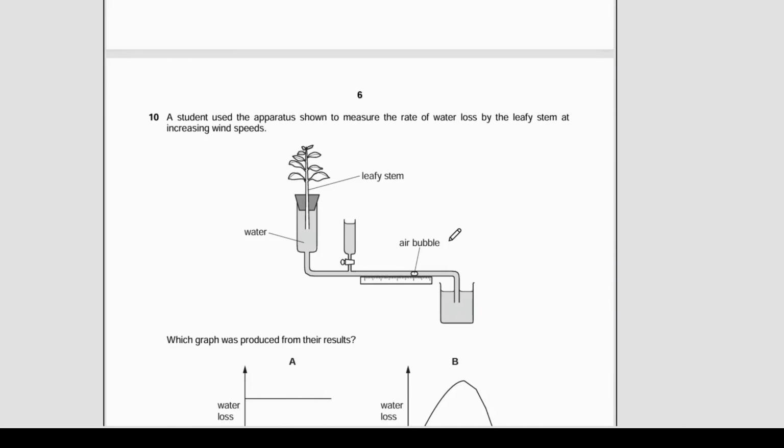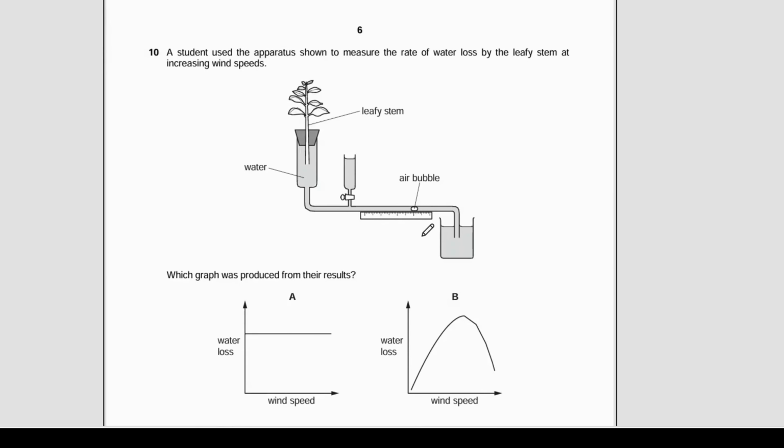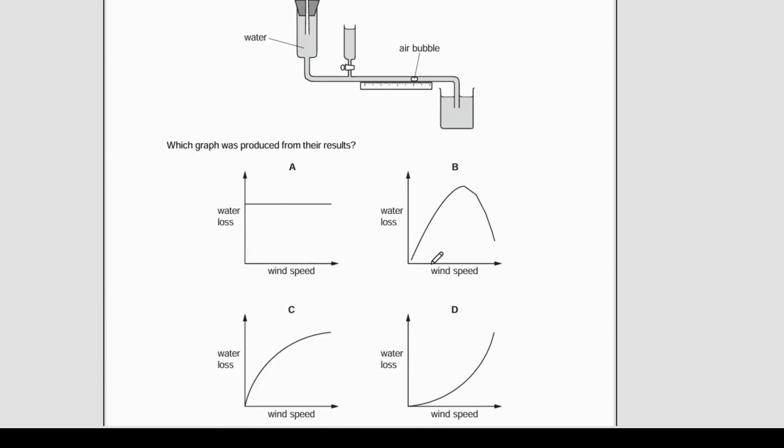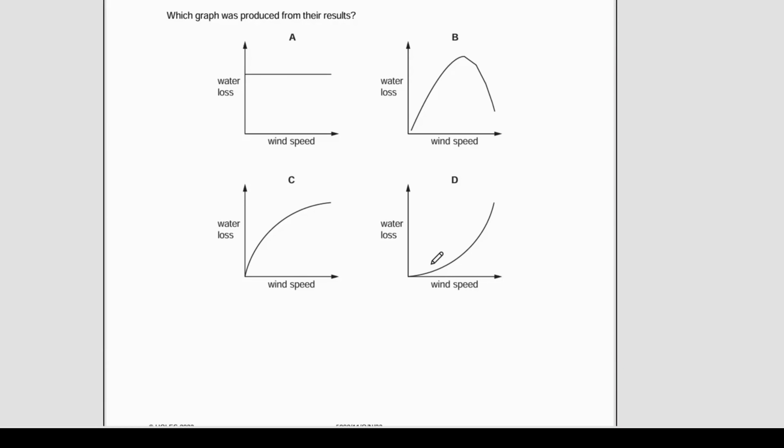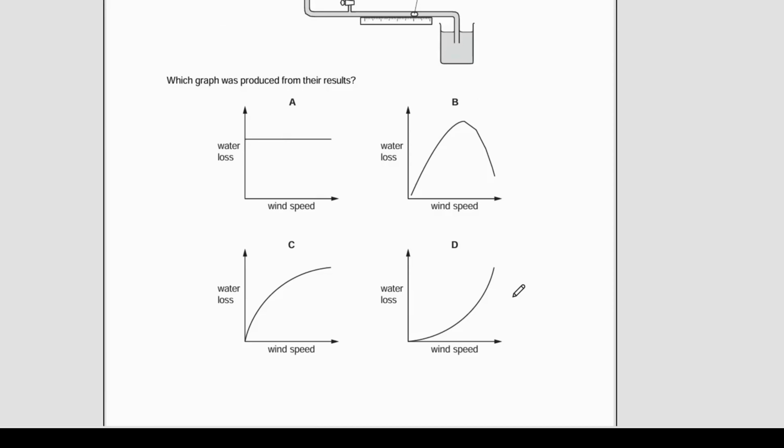Next one. It's related to potometer. A student used the apparatus shown to measure the rate of water loss by leafy stem at increasing wind intensity. So which graph is the right one for increasing wind intensity? With the increase in wind, would there be more respiration or less respiration? Simple. All factors increase in wind intensity.